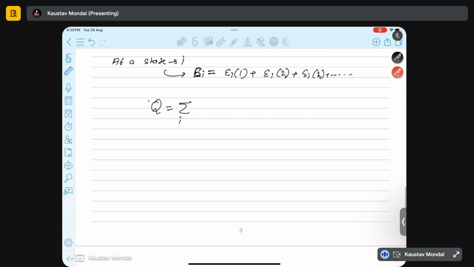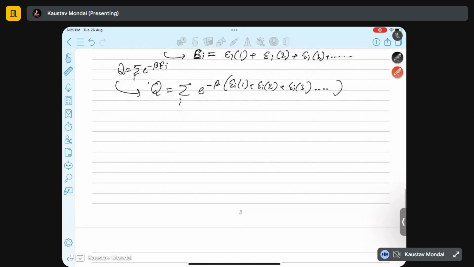The expression will look like this: e to the power minus beta Ei1, Ei2, Ei3. So it comes from there: Q equals the summation over i of e to the power minus beta Ei. So from there you can write it like this.